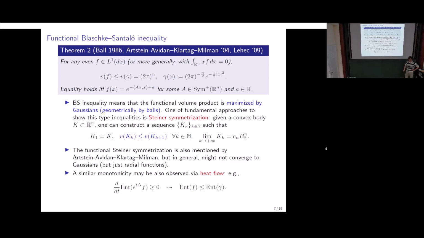It means that the entropy is maximized by the Gaussian under some constraint on the variance. And actually this phenomenon is similar to the functional Blaschke-Santaló inequality. So in this talk, we also consider the monotonicity of the functional volume product along the heat flow.